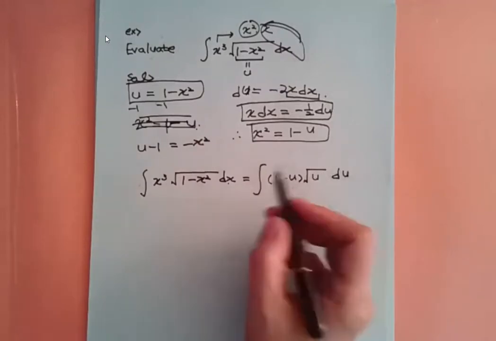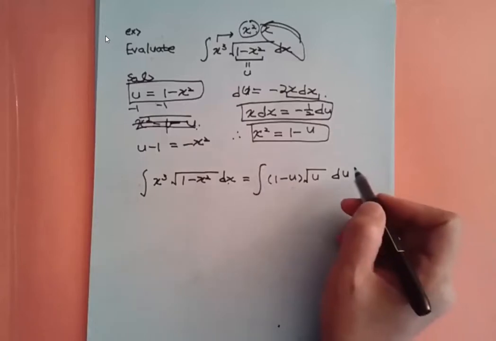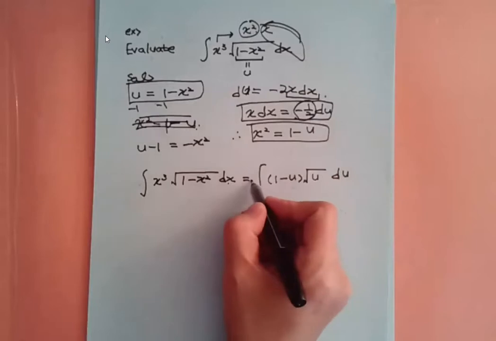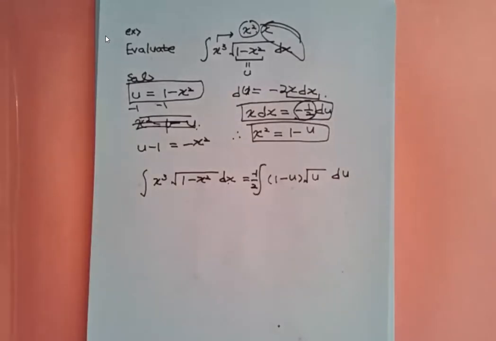But there was -1/2, and that can be written as -1/2 in front of the integration.